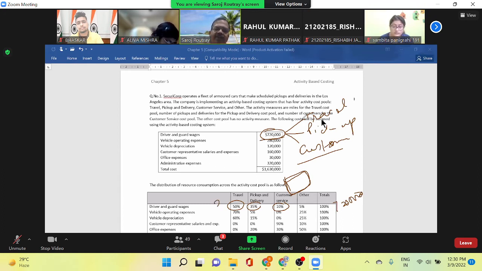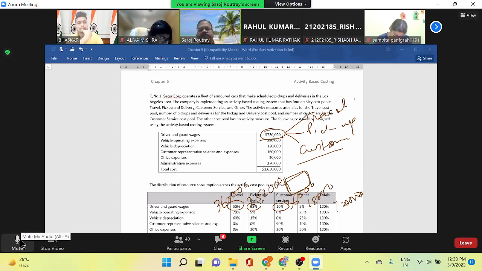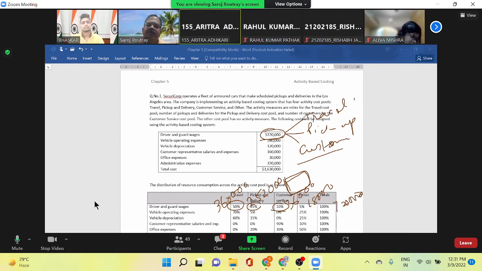For traveling, 3,60,000, 50%. 2,52,000 is for pickup. 36,000 is for customer service. 18,000 is for other. So 10%. Okay, sorry, 10%. 72,000 and 36,000.